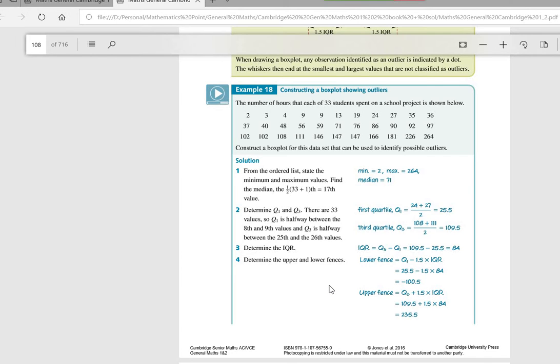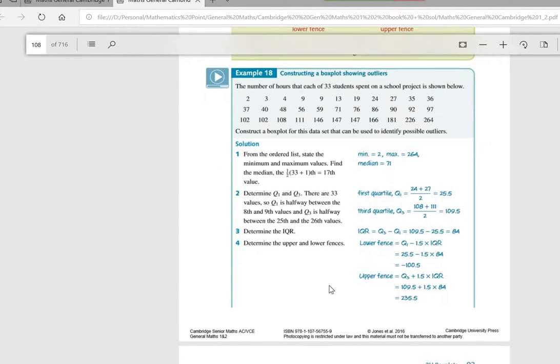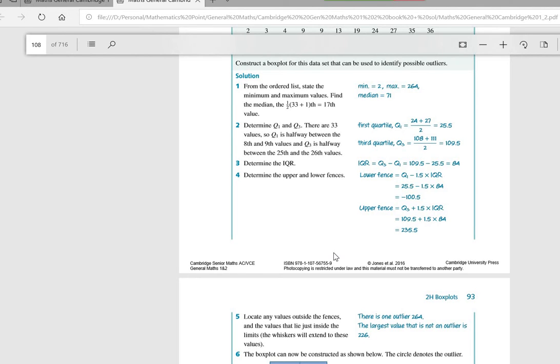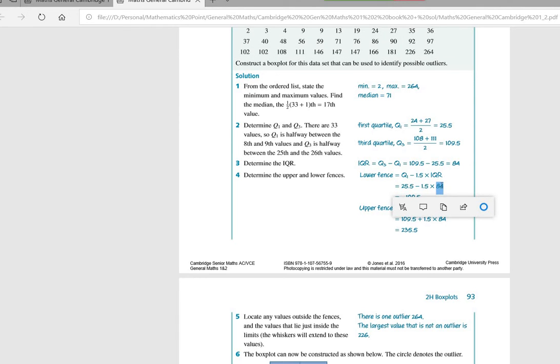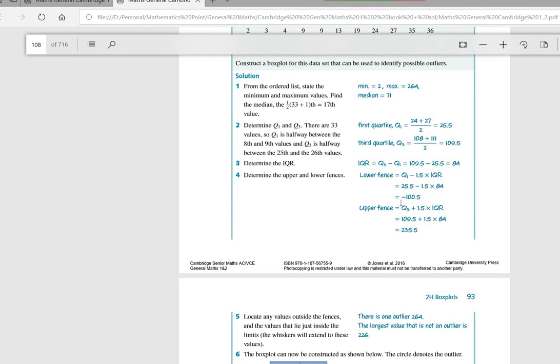See, lower fences could be negative, and the upper fence would be positive, because Q1 is always less than the IQR, and hence the value of the lower fence will always be negative.